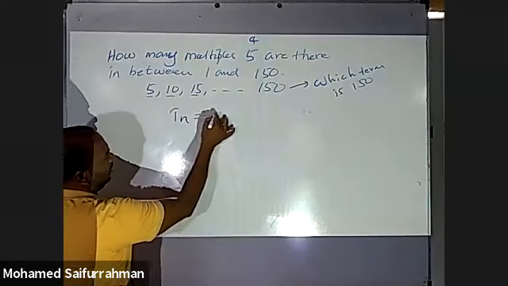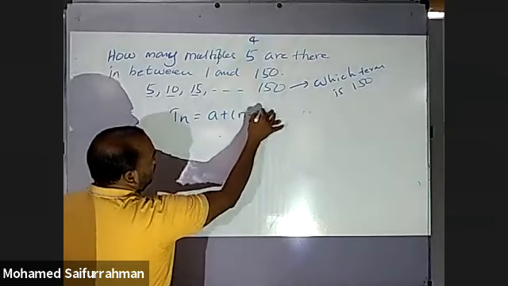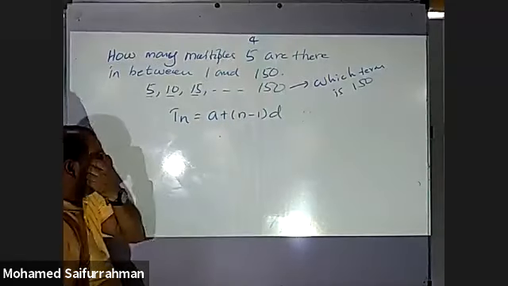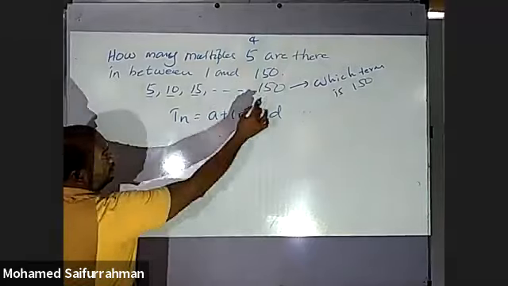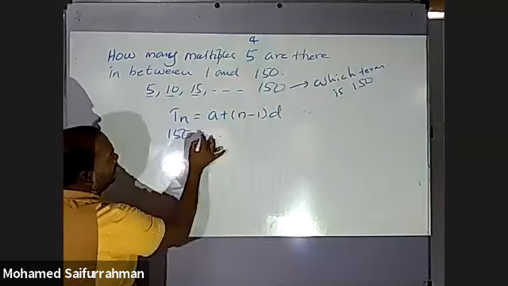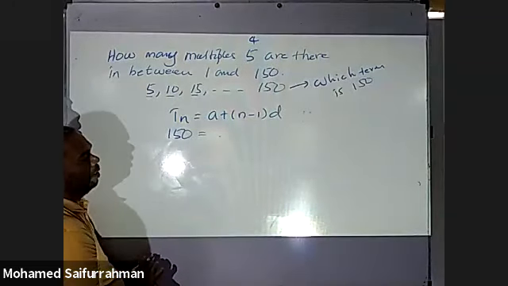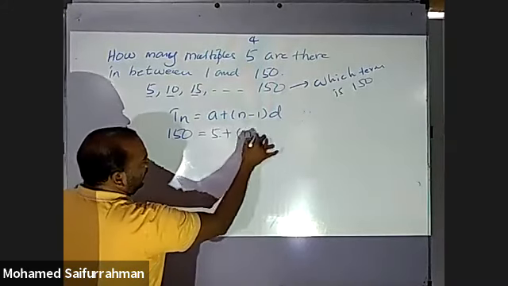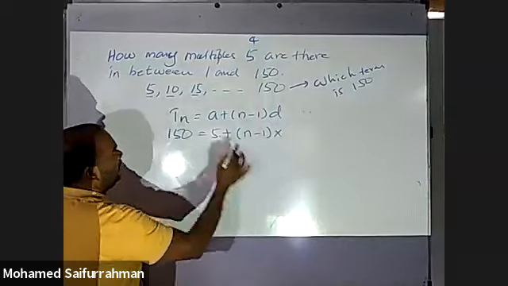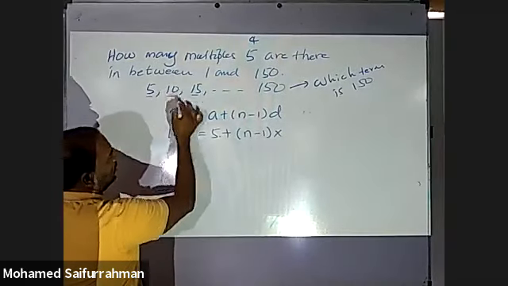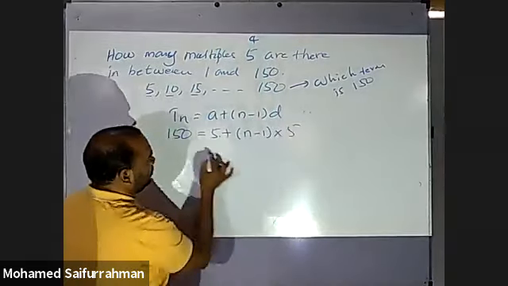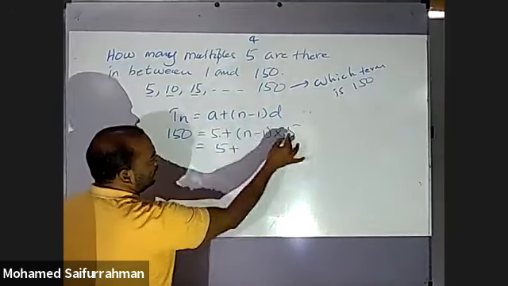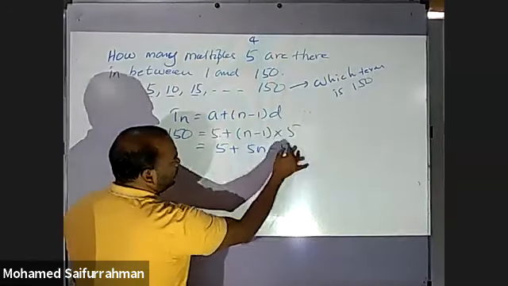Tn equals a plus (n minus 1) times d. Tn is 150, a is 5, and d is 5 since it increases by 5. So 150 equals 5 plus 5n minus 5.